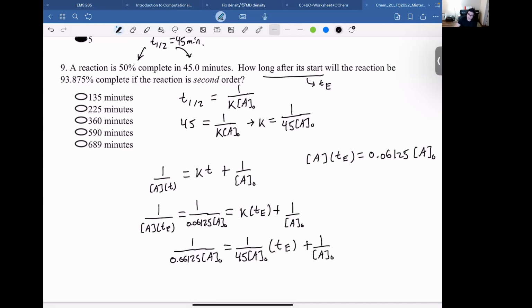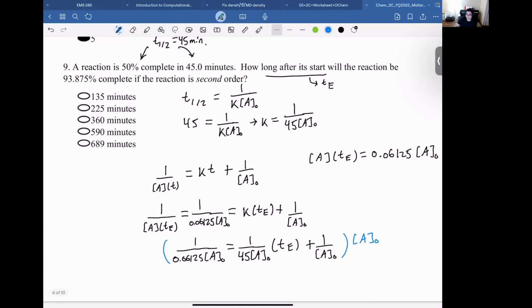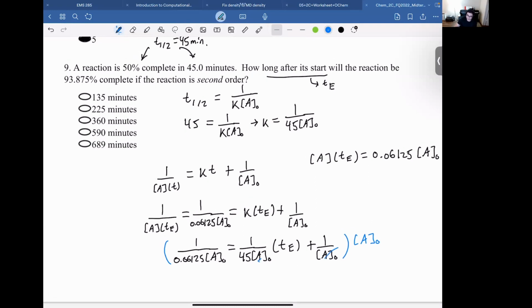You'll notice that everything has an A naught, or the initial concentration, in the denominator. So what you can do to get rid of that is multiply both sides by the initial concentration. Multiplying everything by A naught, everything goes away.